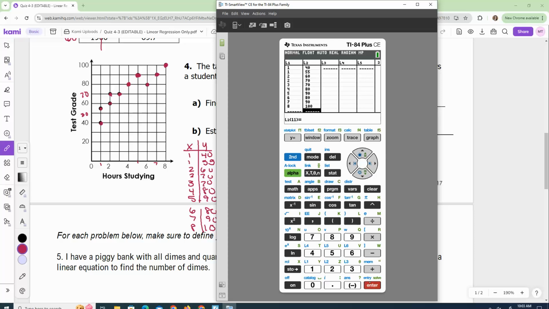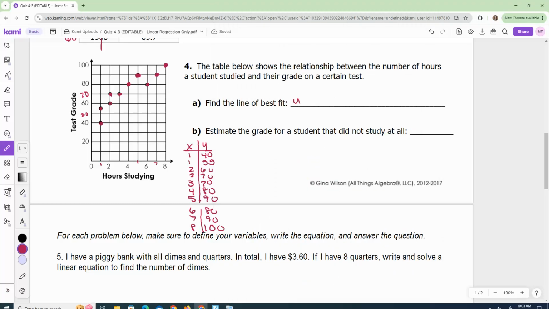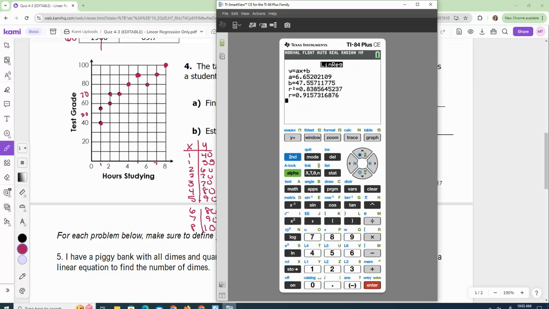Then you go to your stat, calculate number 4. So my A is 6.65. My B is 47.56.